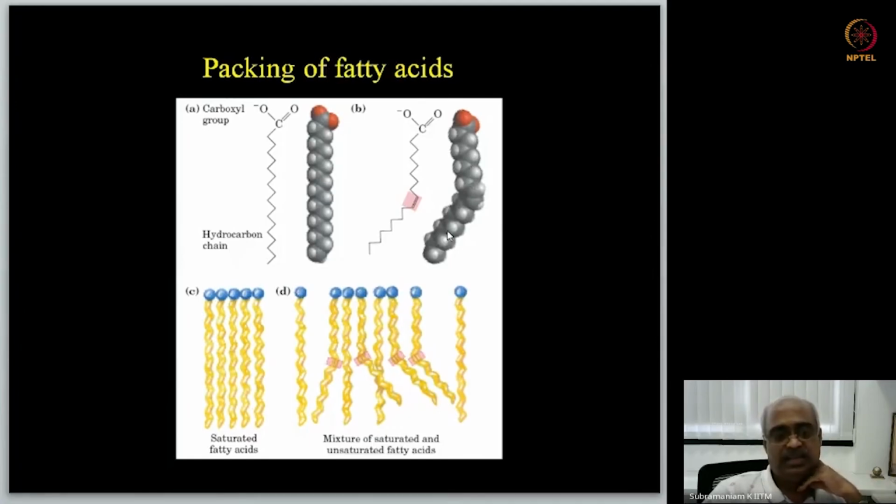So as a result, these molecules, unlike the fully saturated ones, as you can see here, they can compactly pack. These don't pack very well. So as a result, these molecules tend to be liquid at room temperature while these are solid.